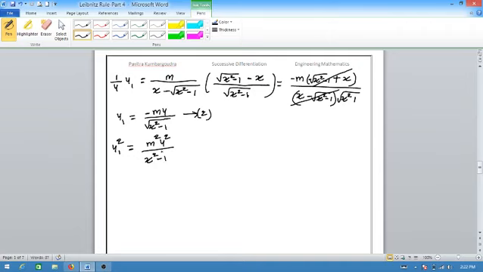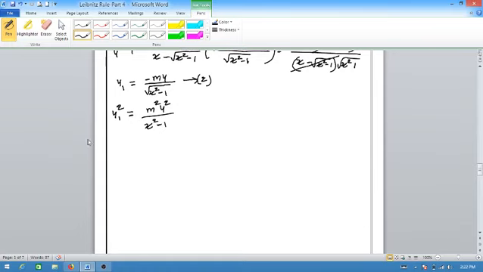So this equation squaring and equating, you'll get this equation. So therefore y1 square into x square minus 1, right, minus m square y square is equal to 0.